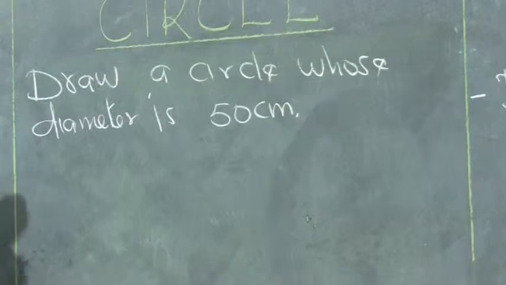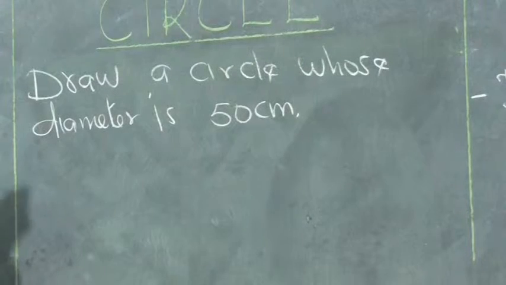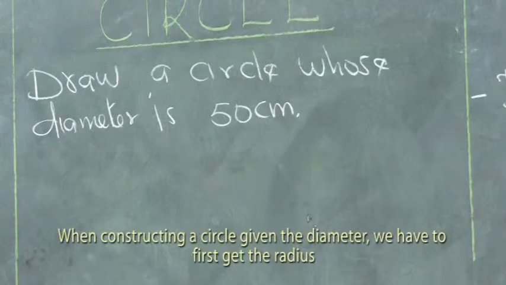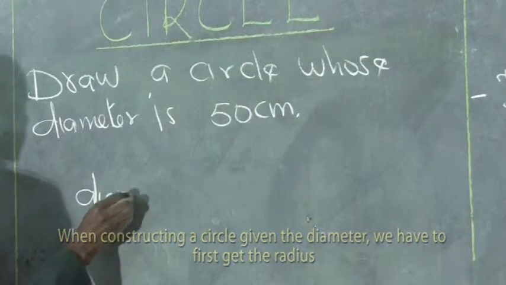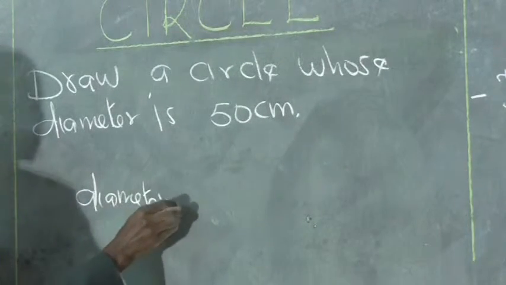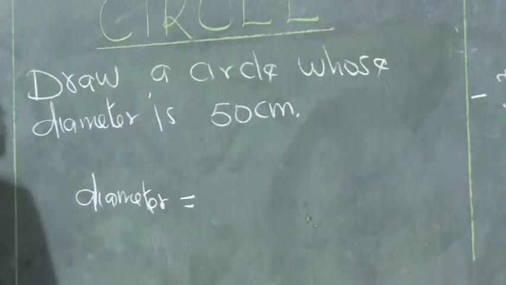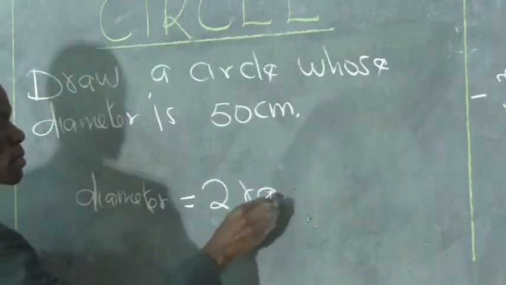So, how are the diameter and the radius related? We all know that diameter is equivalent to 2 radii.